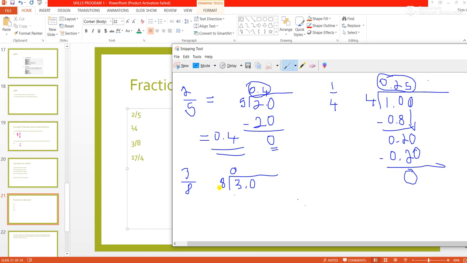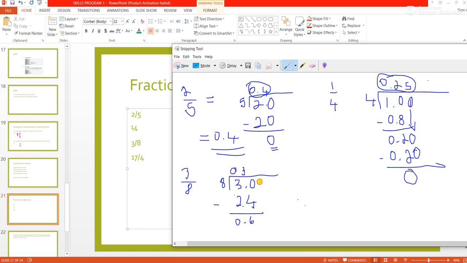Which means that 8 gets into 30 3 times, so you'll have to include the 3 on top. 8 times 3 will give you 24. When you minus, 30 minus 24, it has to give you 6. So that is 0.6.